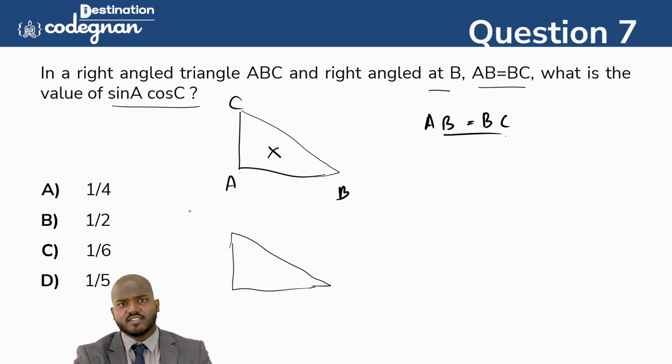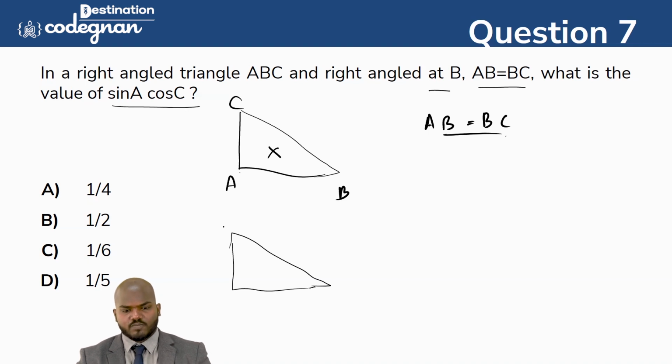So the Pythagoras theorem deals with the hypotenuse, which is equal to the root of the sum of squares of the other two sides. The longest side in a right angle triangle we always call the hypotenuse.